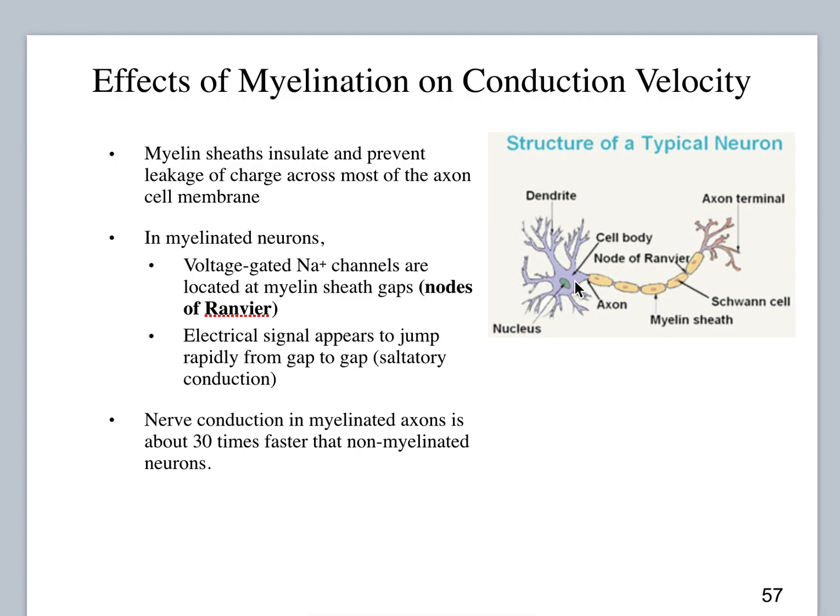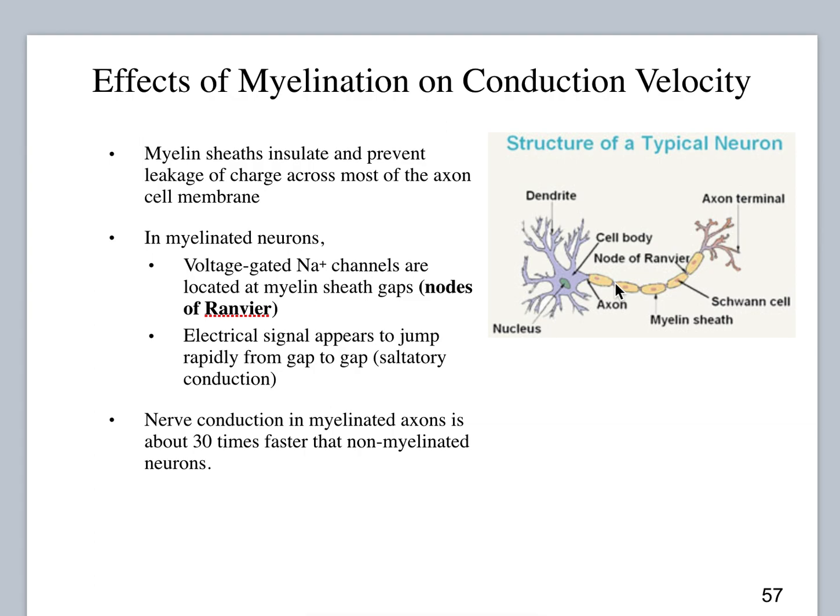This was kind of covered in that last little video, but the myelin sheaths prevent leakage across most of the axon membrane, and between the myelin sheaths there are these nodes of Ranvier, and in these nodes there are a lot of voltage-gated sodium channels.